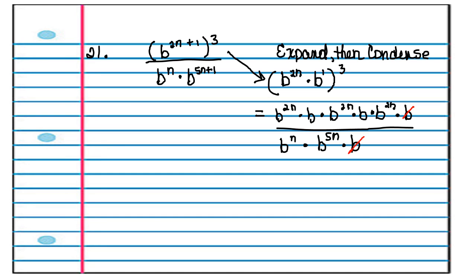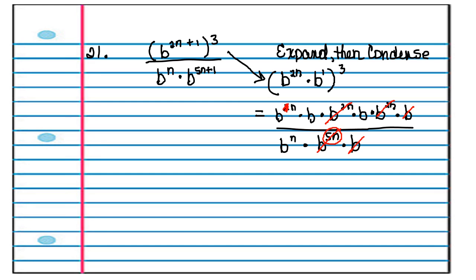We have 5n here, so I am looking for 5 here also, so I need 5 of them. So there's 2, there's 4, and that leaves me with 1 there.